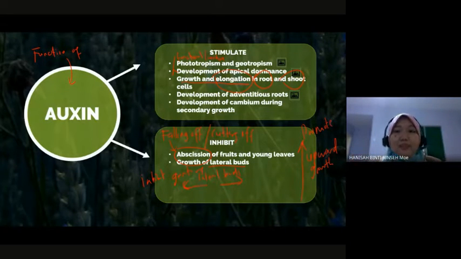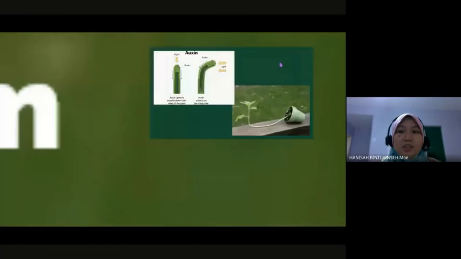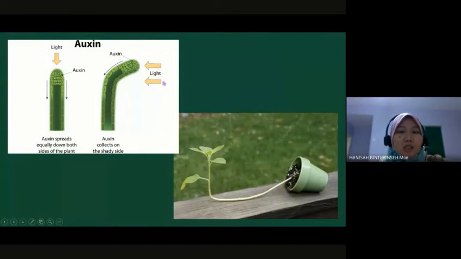Alright? Okay, so we haven't finished auxin because we have another function here we haven't discussed. What does it mean that auxin is involved in phototropism and geotropism? Okay, let's look at this picture. This situation here is actually because of the hormone auxin. The first picture here is phototropism.